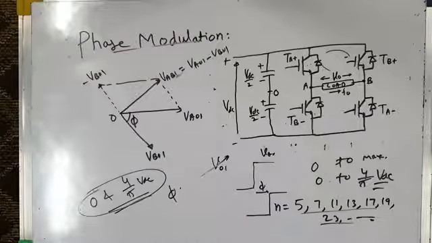So that is about phase modulation, and with this we conclude our lecture series on low switching frequency PWM. To summarize, we have learned how low switching frequency PWM can be used for high power drives, because at low switching frequency, the switching power losses are very, very low in high power drives.